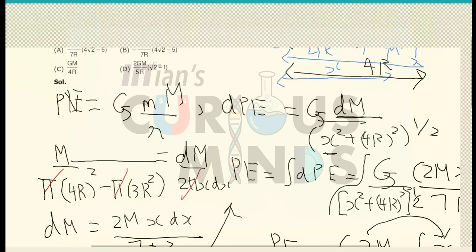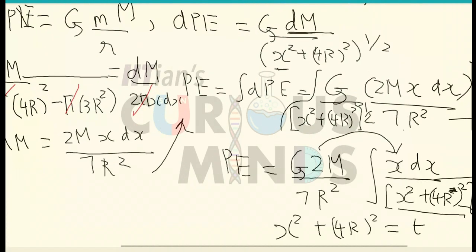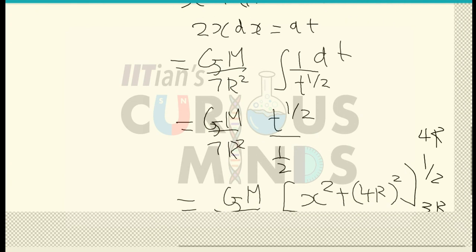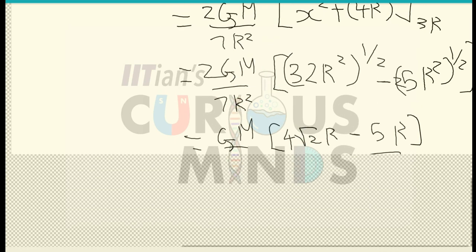Now they have asked what is the total potential energy required to take it from the point P to infinity. Here this 2 is remaining, and it will go in the numerator, so it will be multiplied by 2.